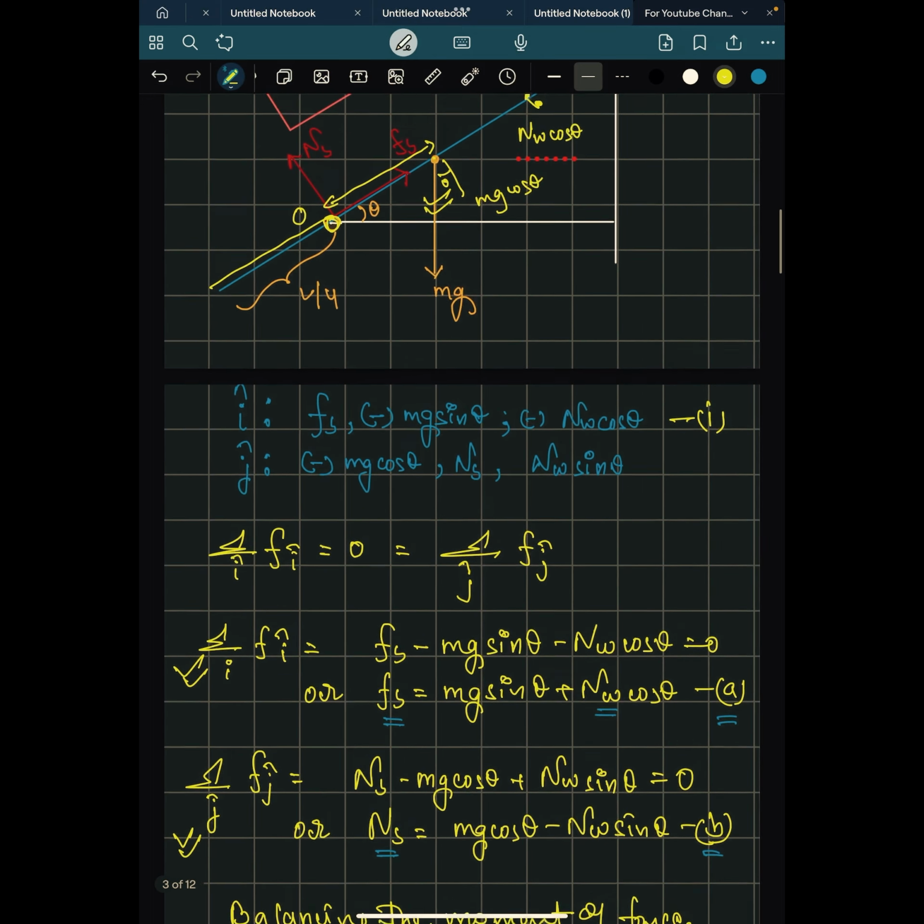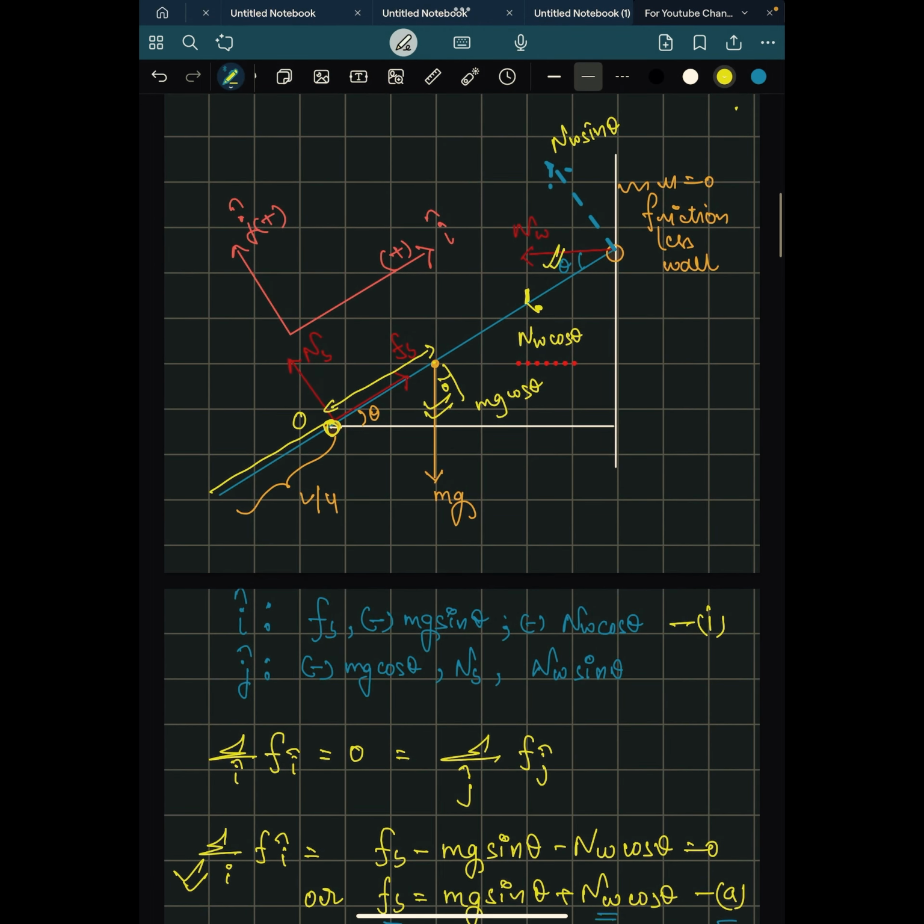It will be balanced by Nw. Nw cos theta will have zero moment, because theta is 0 if we are choosing this as the axis of force, right? So all we will have is Nw sin theta, which will have the moment about the point O. This length is 3L by 4, right?